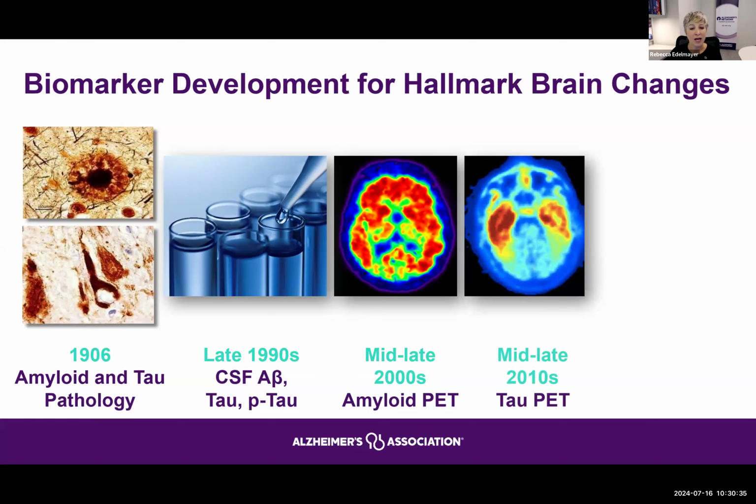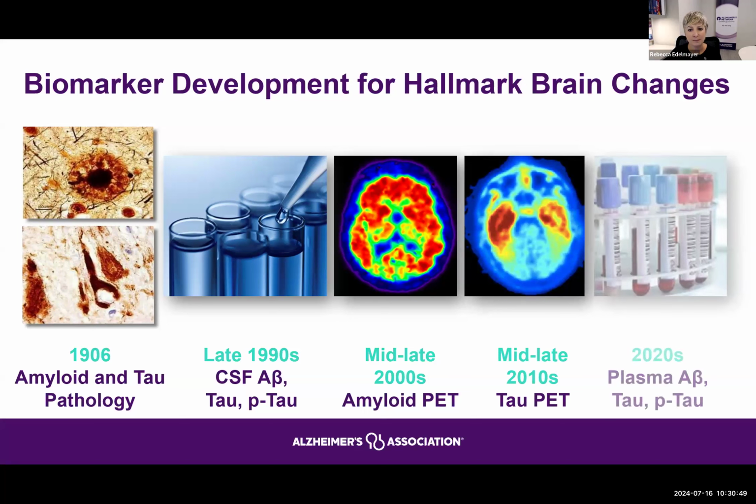And we now have FDA approved biomarker tests for cerebral spinal fluid, amyloid PET imaging, and tau PET imaging that can be used to aid in the diagnosis of Alzheimer's disease, looking at some of those key hallmark changes. And we're now in a new era where we're starting to see the use of blood or plasma to look at some of the amyloid beta, the tau markers that are coursing through the blood to help better understand whether or not there's changes in the brain.